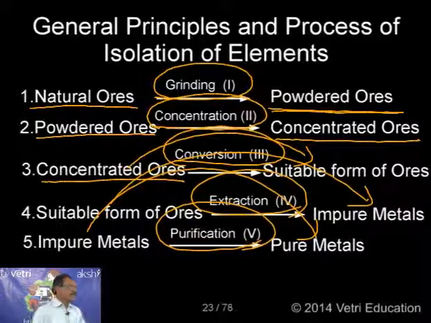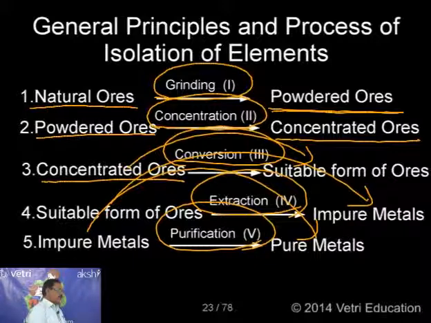Let me summarize. Step 1, grinding. Natural ore can be converted into powder ore. Step 2, concentration. Powder ore can be converted into concentrated ore. Step 3, conversion. Concentrated ore can be converted into a suitable form of ore, either oxide ore or sulfide ore, so that we can easily extract the metal.